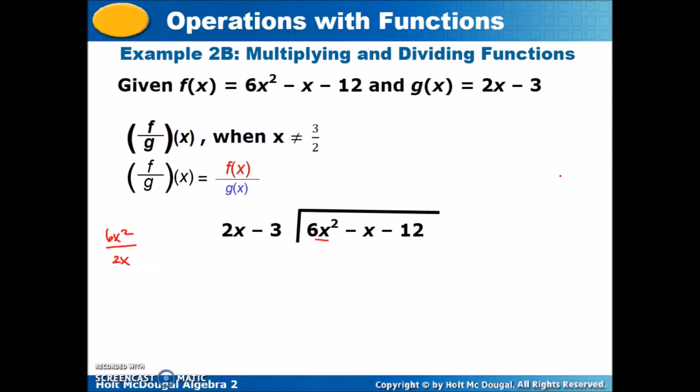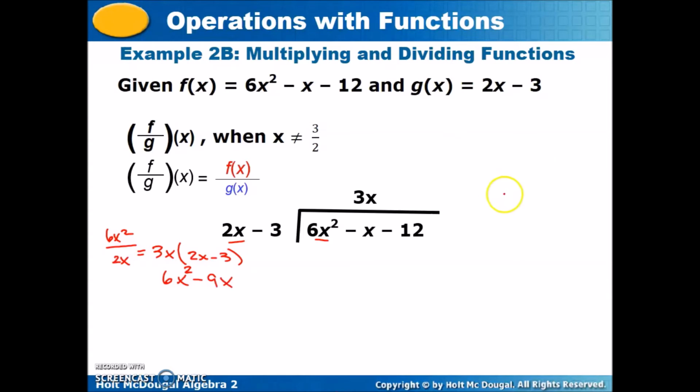So we're taking this and we're dividing it by this. That's going to give us 3x. We're going to put that 3x on top, right there. And then we're going to multiply that by our 2x minus 3. That's going to give us 6x squared minus 9x. Sorry, y'all.